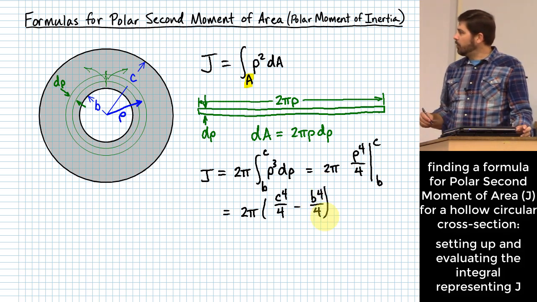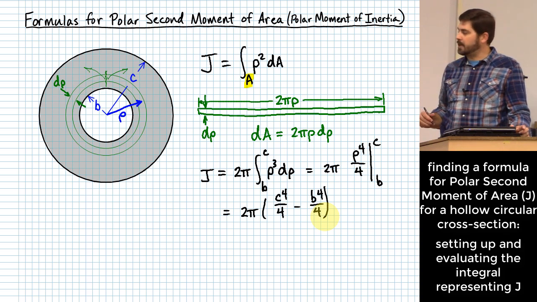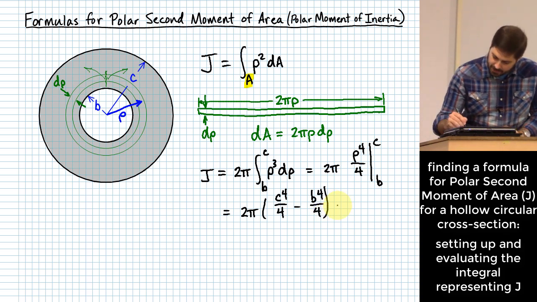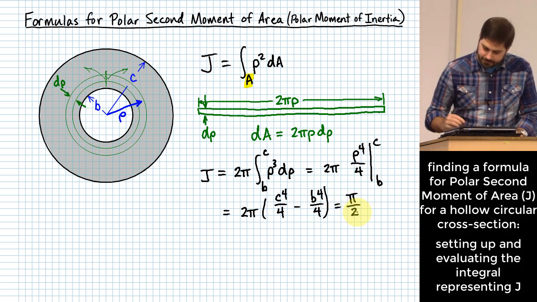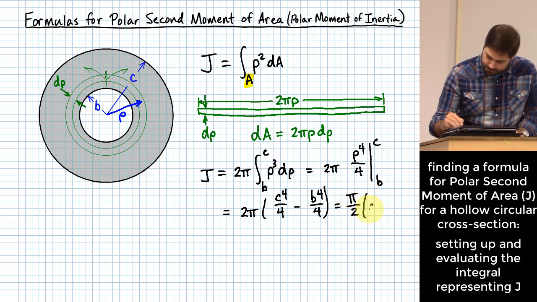And if I want, I can pull out that over 4 and combine it with the 2 that I have there, and this becomes pi over 2 times what? C to the 4th minus B to the 4th.